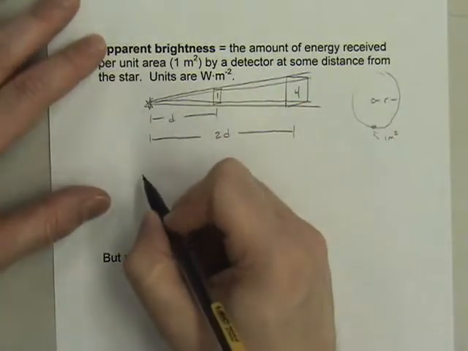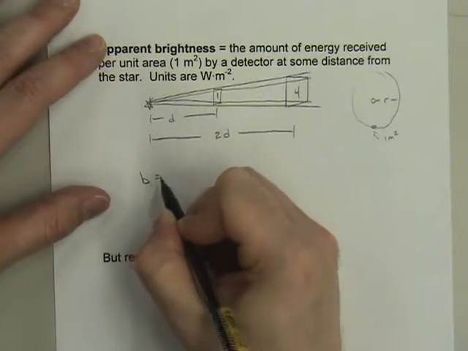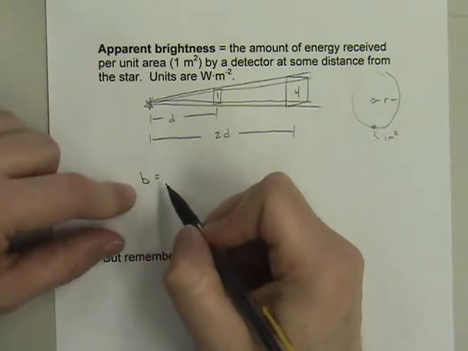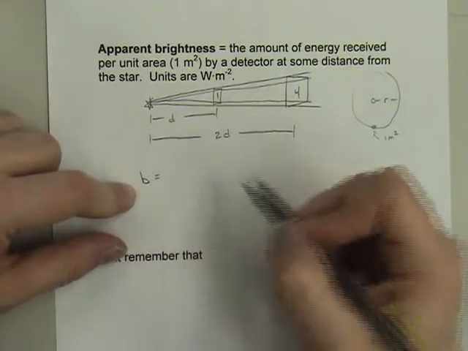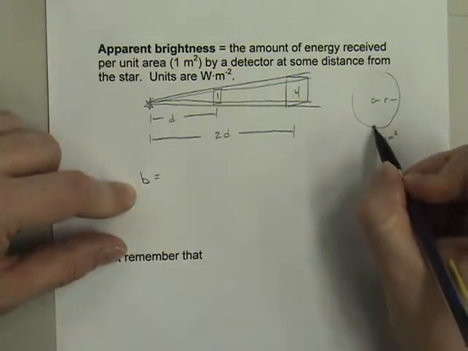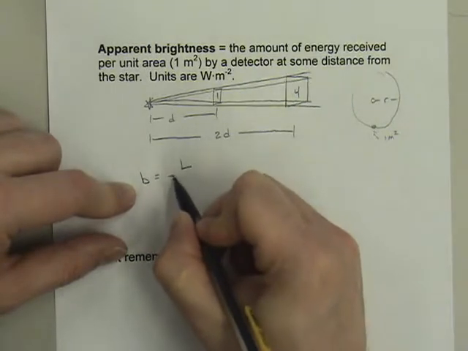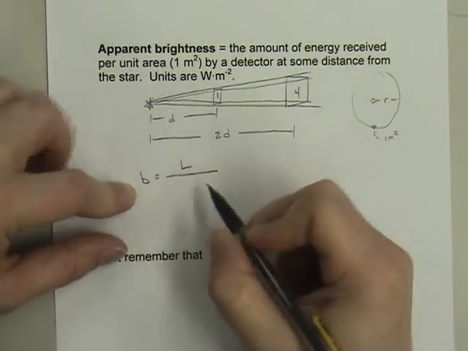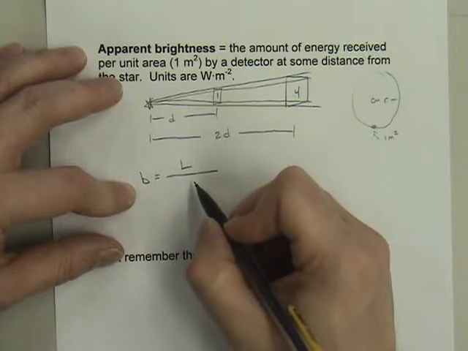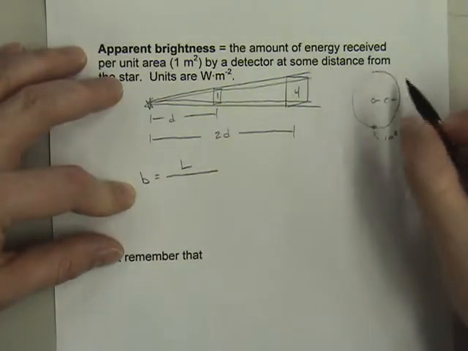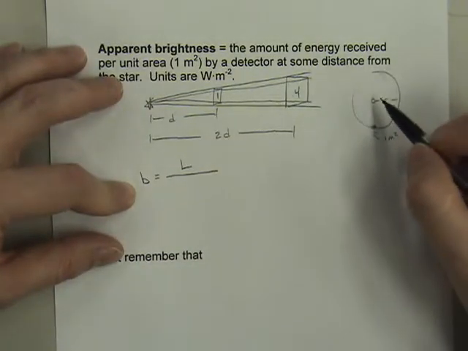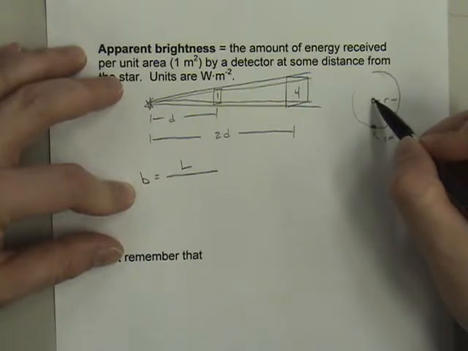So that means that the formula, the letter lowercase b, represents the apparent brightness. That means that what I would need to do to figure out how much energy is going to hit this square meter is I need to take the total amount of energy leaving the star, right? So that's called the luminosity of the star, and I need to divide it by the formula for the surface area of a sphere. Now in this case, I'm not talking about the surface area of the star.